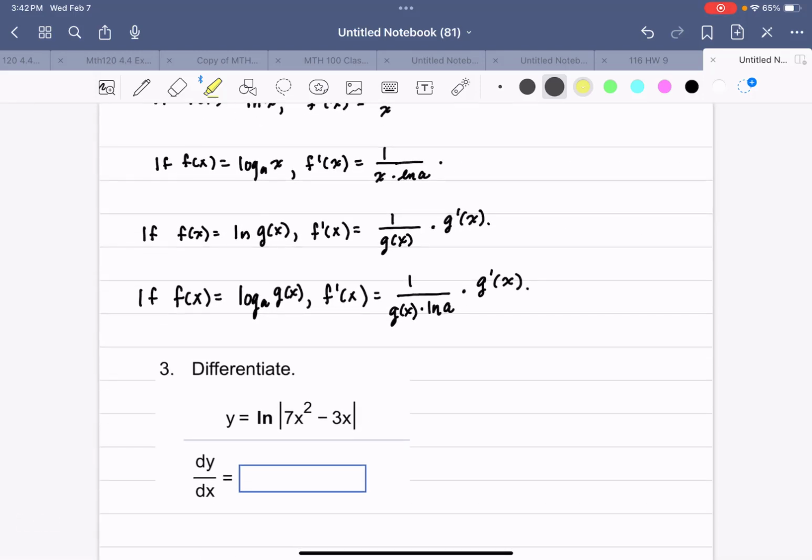Example number 3. Differentiate y equals the natural log of the absolute value of 7x squared minus 3x. Now you might say, why do we have absolute value bars here? Well, in the typical log function, y equals the natural log of x, x has to be a number bigger than 0.